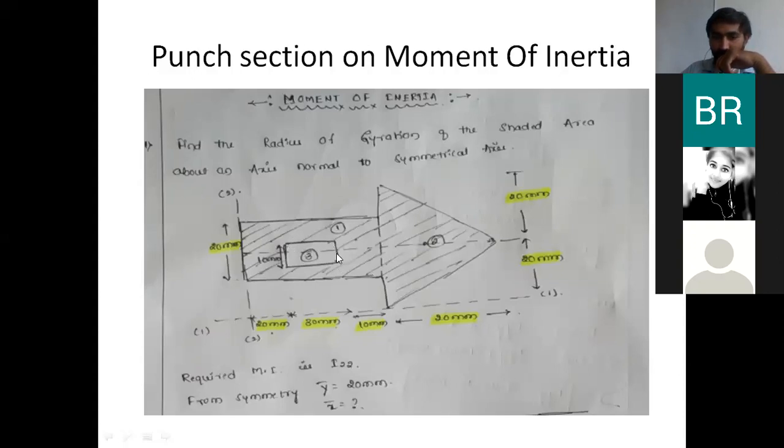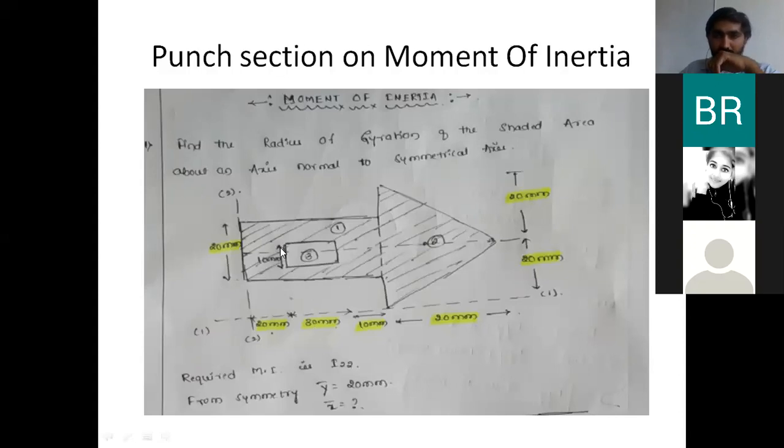This unhatched portion will be the deducting part out of the entire rectangle. These are the steps that we are following, right? I think all of you are following the same thing, right?